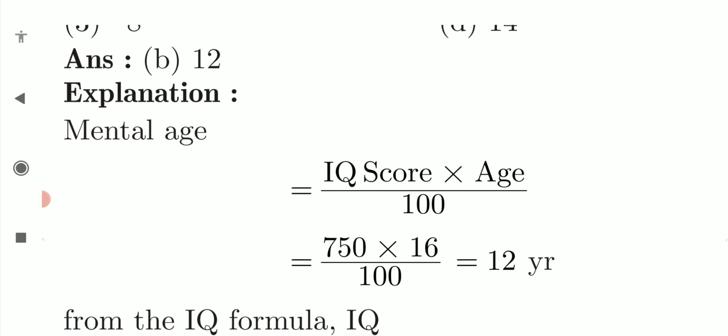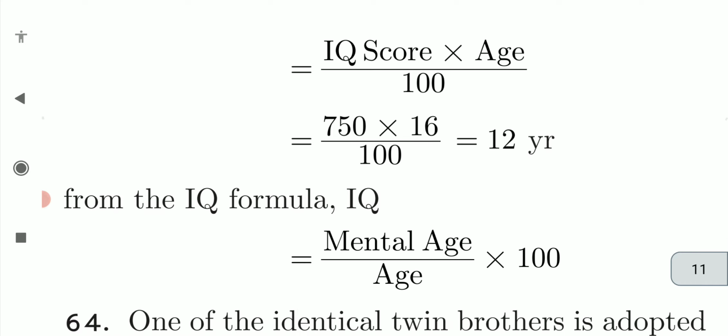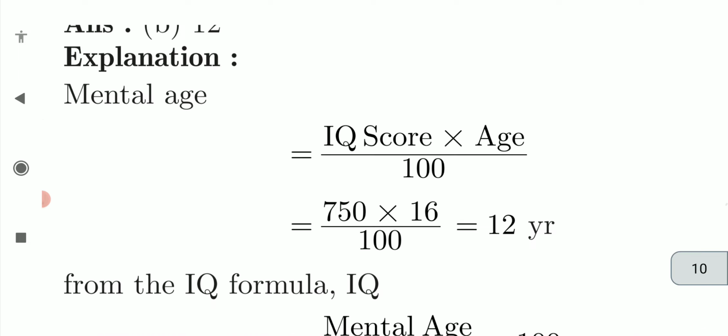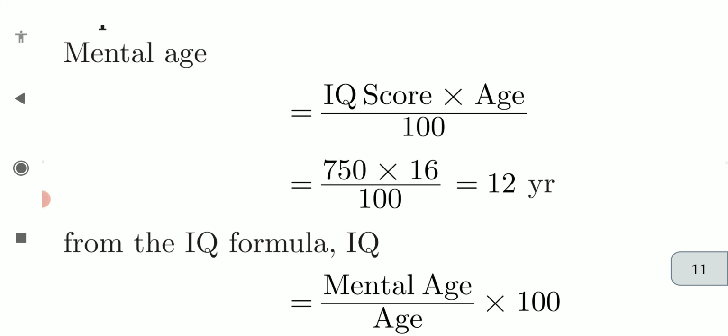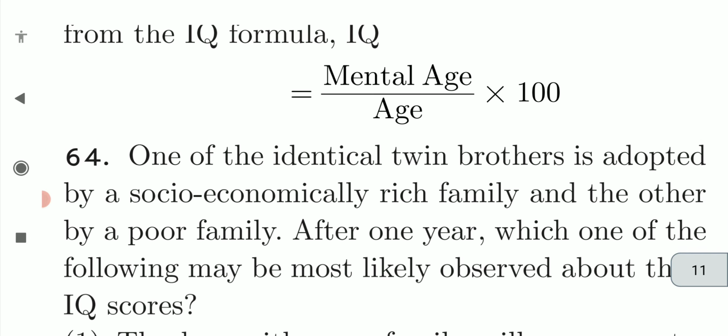It's not 750, it's 75. Understood? So it's like 12 years. The IQ formula is IQ is equal to mental age by age into 100.